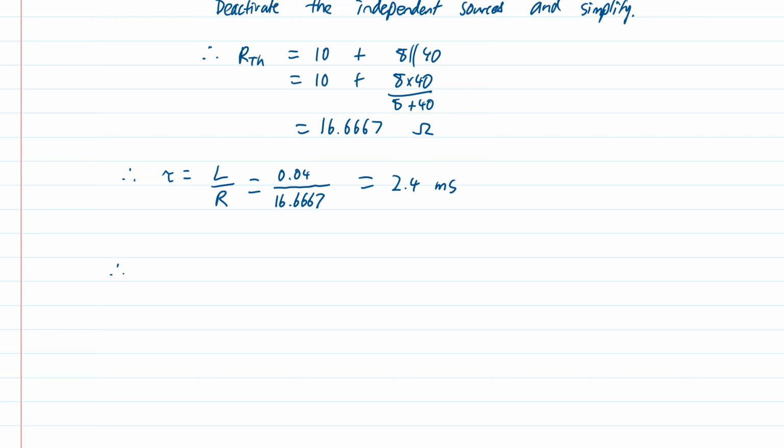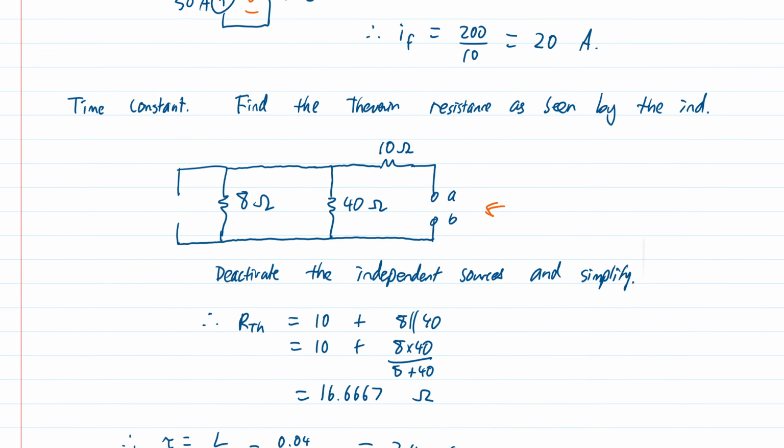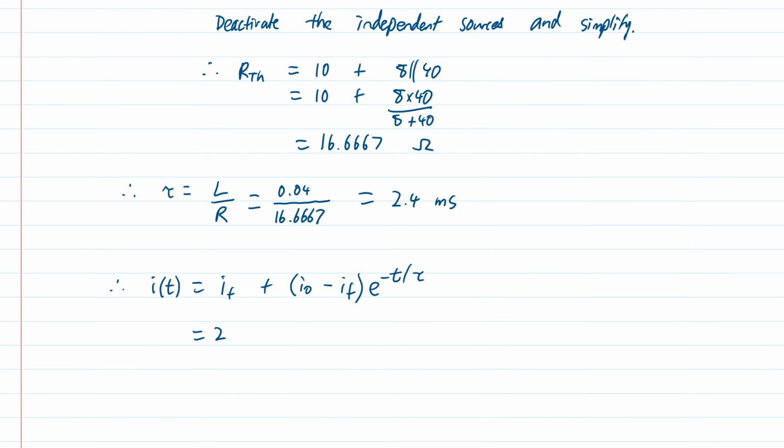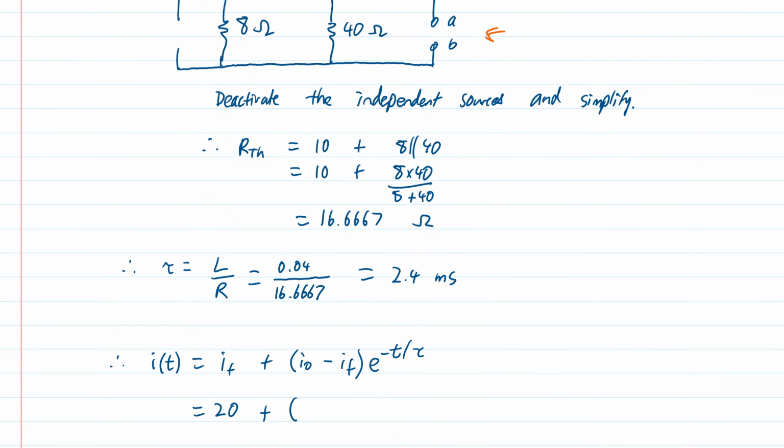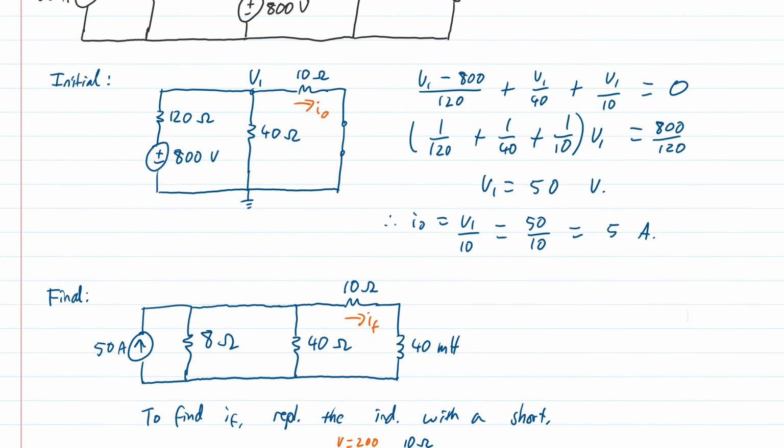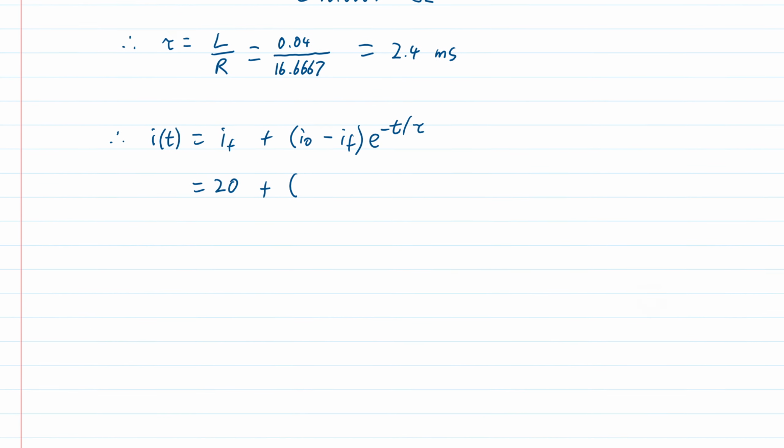So we're pretty much there at this point, so we can write down our general form for the step response. So that is I final plus I initial subtract I final times e to the minus t over tau. Let's sub in the numbers that we have. So final was 20 amps. The initial was 5 amps.